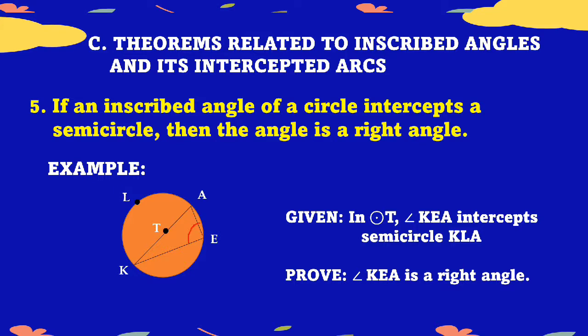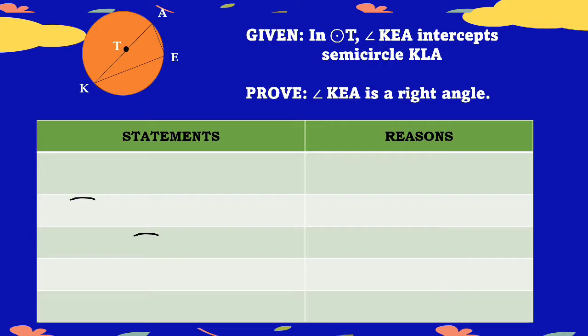In proving, we always start with our givens. So number 1, in circle T, angle KEA intercepts semicircle KLA. That is according to the statement given in your problem. Remember, angle KEA intercepts semicircle KLA.